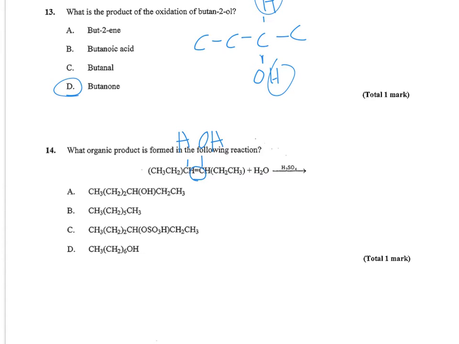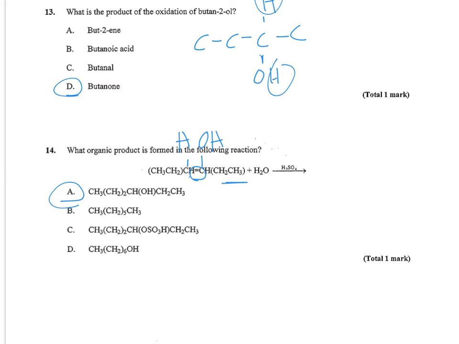So if I look at my equation here, CH3CH2, it's going to form another CH2 right here, and then a CH group with the OH or the hydroxyl group attached to it, and then finally the CH2CH3. So A appears to be the best fit.